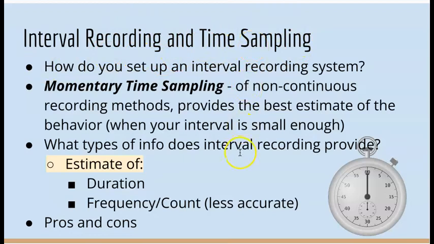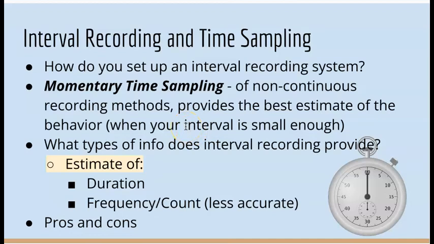Basically what you do is you divide the duration of the session that you're going to observe into intervals. That's why it's an interval recording. And with momentary time sampling, you observe at the end of each of those intervals. It's considered a non-continuous recording method. It gives you an estimate of behavior, especially when you have a small interval.